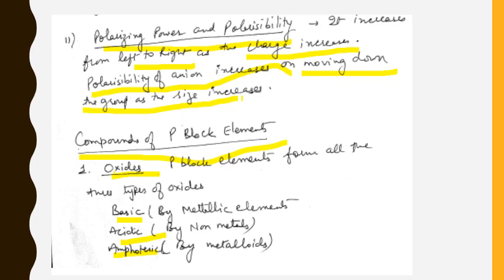If they are metals, they form basic oxides, but mostly they produce acidic oxides, and amphoteric oxides are formed by the metalloids, acidic by the non-metals, and specifically the metals form basic oxides.